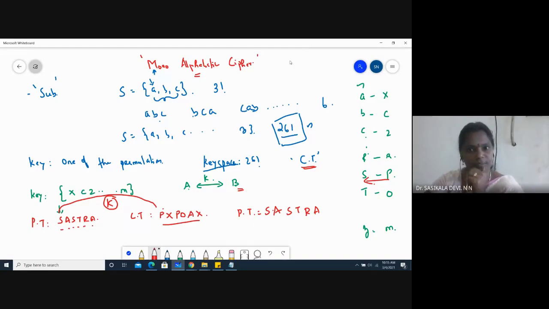In what way can we avoid or resist the frequency analysis attack? Which property of monoalphabetic cipher leads to the loophole for frequency attack? What's the basic property here?